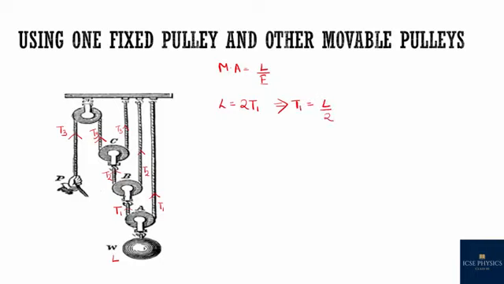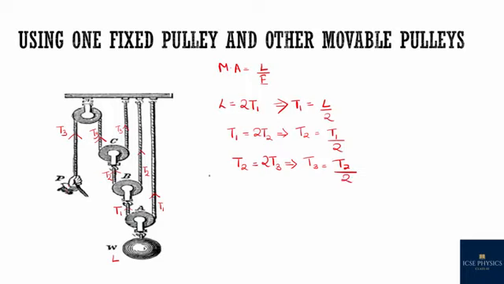Again, T1 is balanced by 2T2, which implies T2 is equal to T1 by 2. Now again T2 is balanced by 2T3, which implies T3 is equal to T2 by 2.